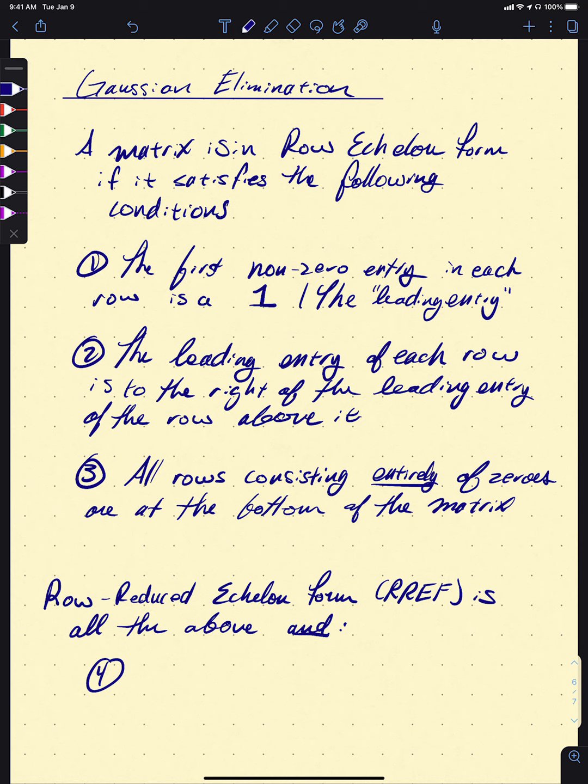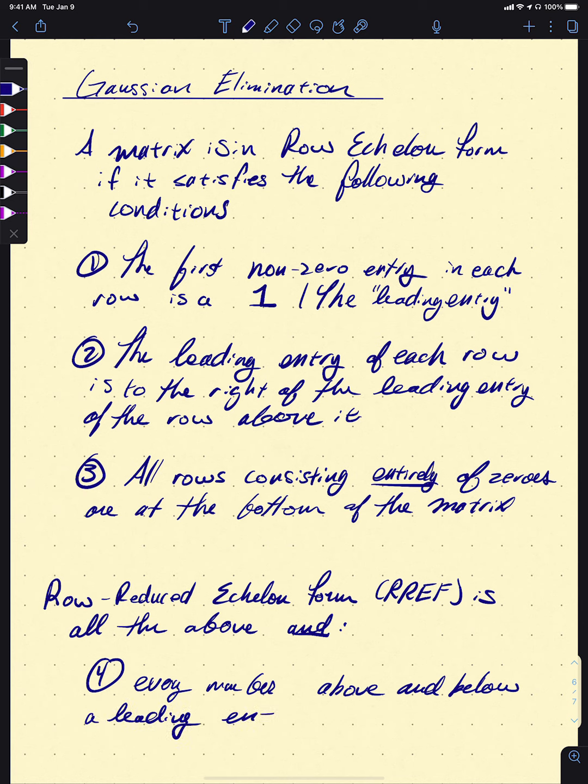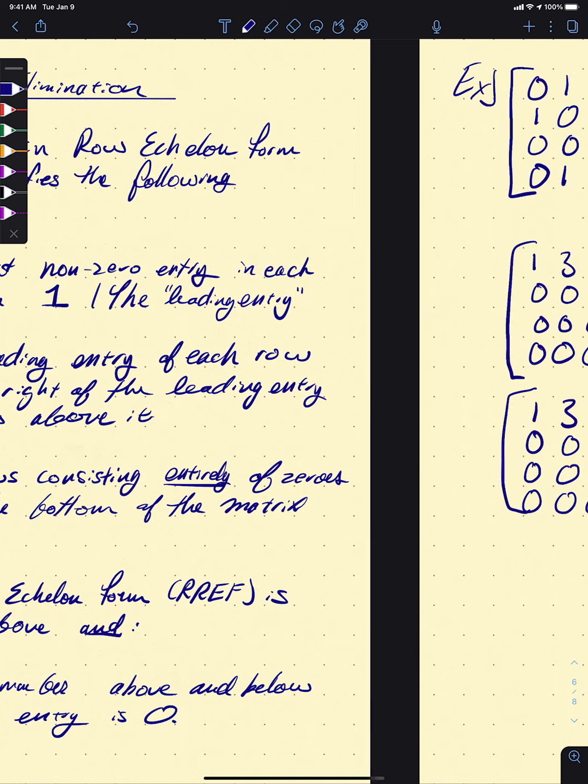Number 4, every number above and below a leading entry is 0, okay? So I know that this is a little bit wordy and maybe a little bit opaque.